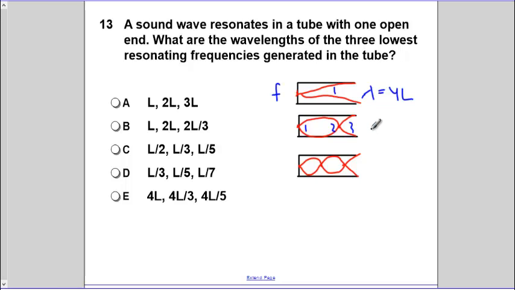So if you have 3 quarters of a wave, lambda will be 4/3 of the length. So you'd need one more third. This contains 1, 2, 3, 4, 5. So lambda will be not the entire tube, but 4/5 of that length. E is the correct answer.